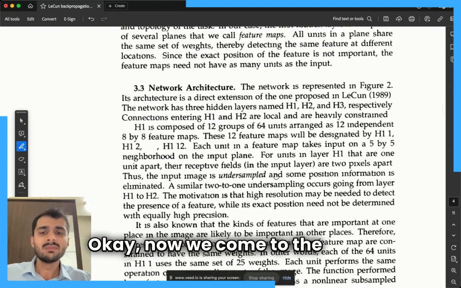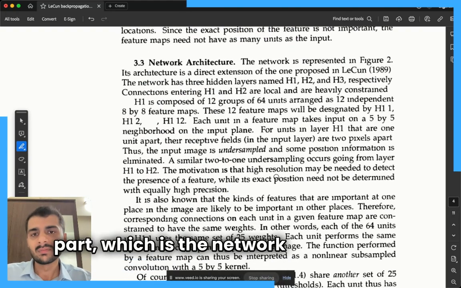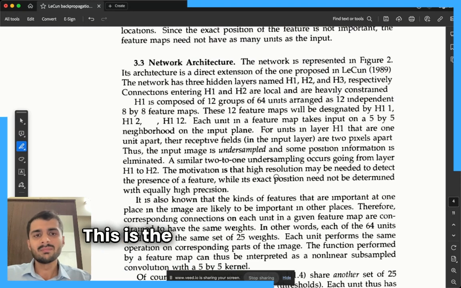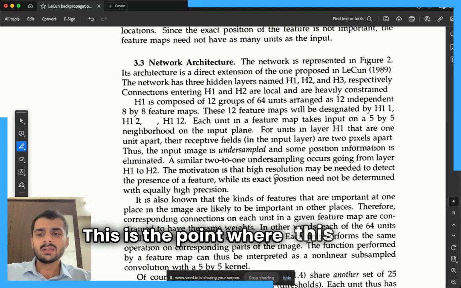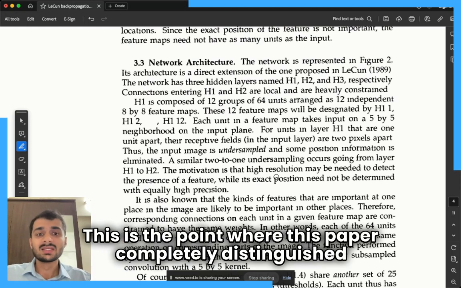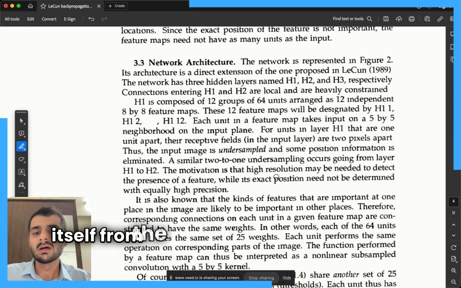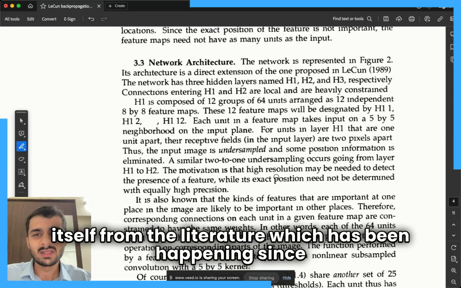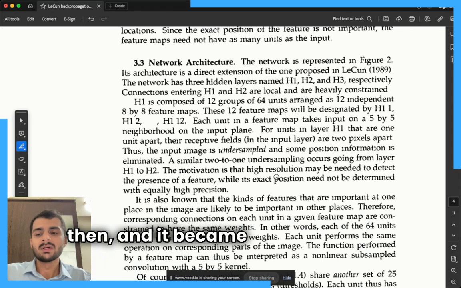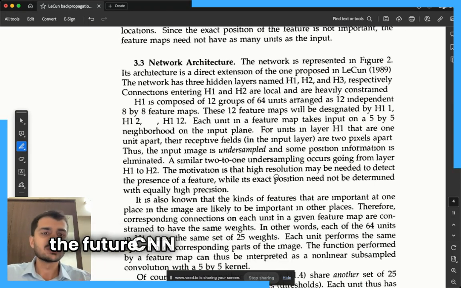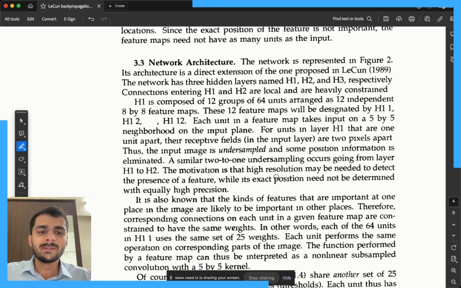Okay, now we come to the main part, which is the architecture. This is the point where this paper completely distinguished itself from the literature which had been happening since then, and it became the cornerstone paper for all the future CNN works that we have seen.